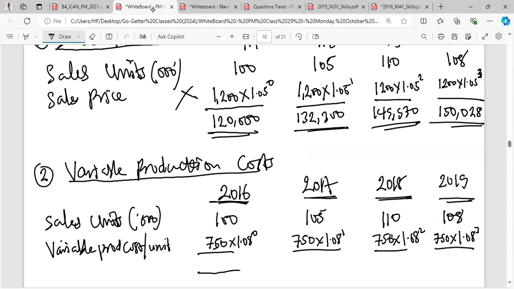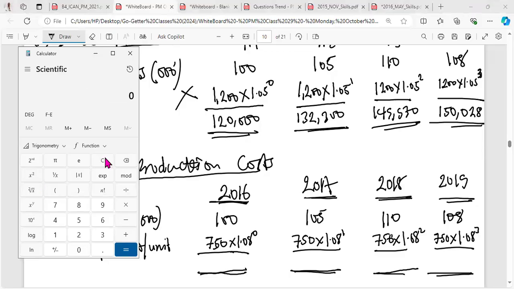For all variable costs, we'll be using the sales units. We involve the sales unit in all variable costs because variable cost is per unit. So what do we do now? The first one is, so we know that anything raised to power 0 is 1, so we don't need to start testing it again. We have 750 multiplied by 100, and that gives us 75,000.